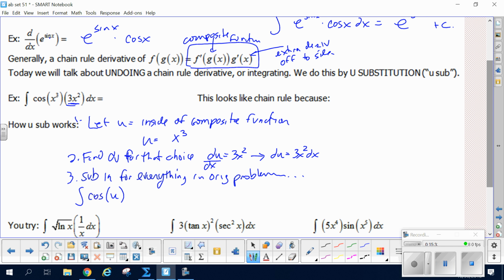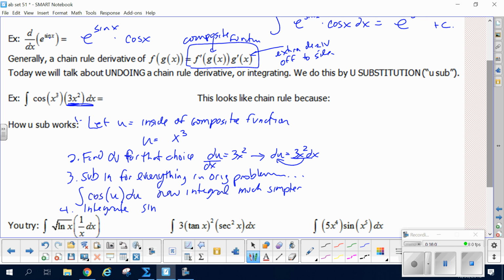In place of 3x squared dx, I put a du. Now the idea then is that your new integral is much simpler. I don't know if simpler is a word, but you get the idea. You should, therefore, be able to easily integrate. What's the antiderivative of cosine u? Sine u plus c.